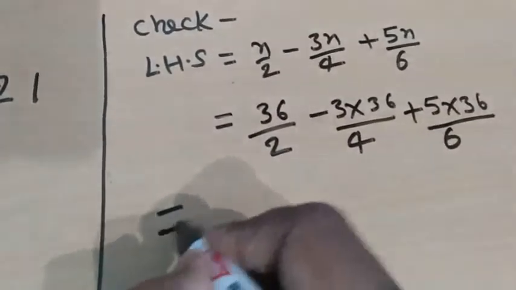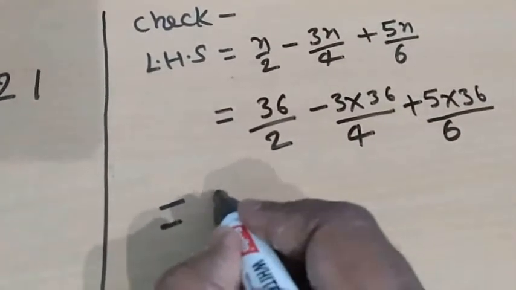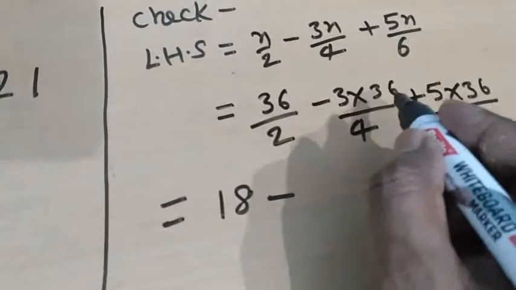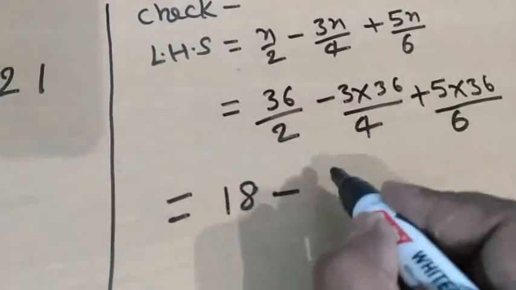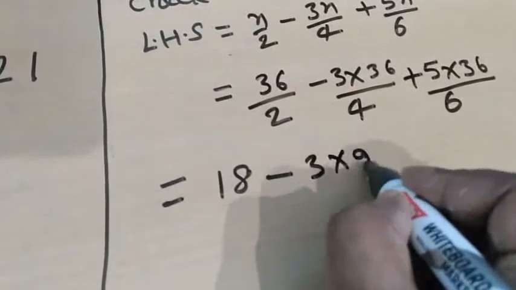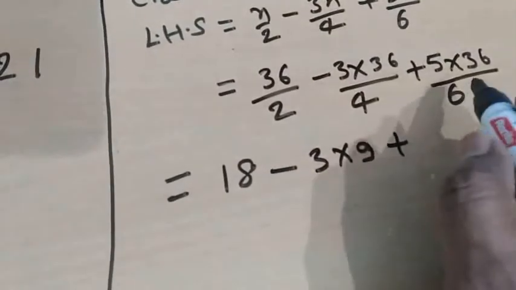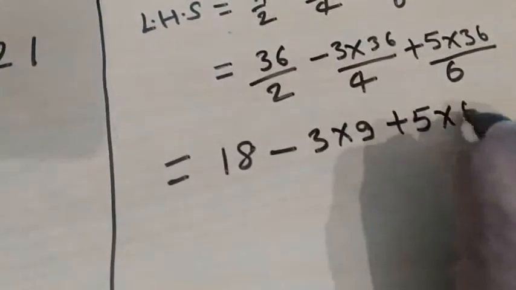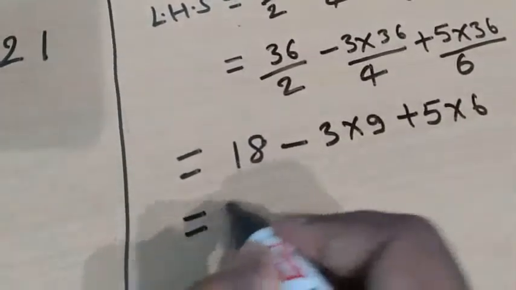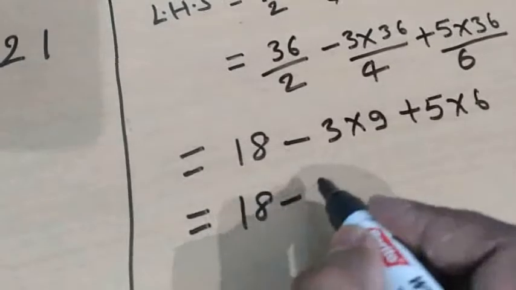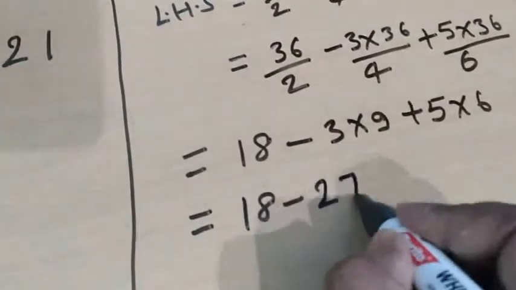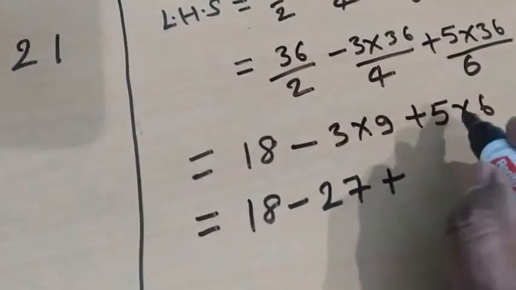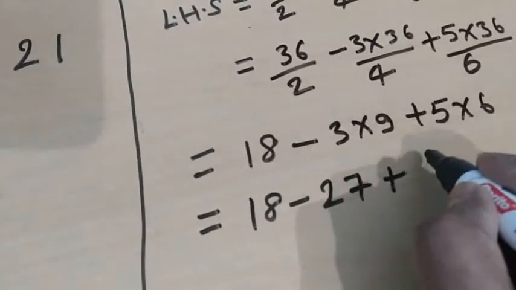So 36 by 2 is 18, minus, if you divide 36 by 4 we obtain 9, so here 3 into 9, plus, if you divide 36 by 6 we obtain 6, so here 5 into 6. Now 18 minus 27 and plus 5 6 is 30.